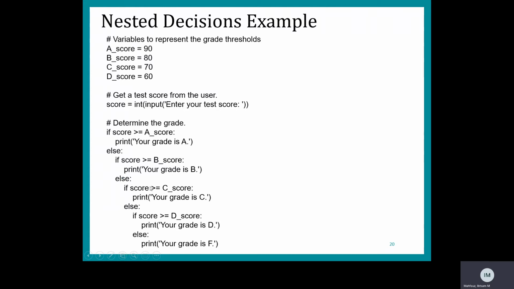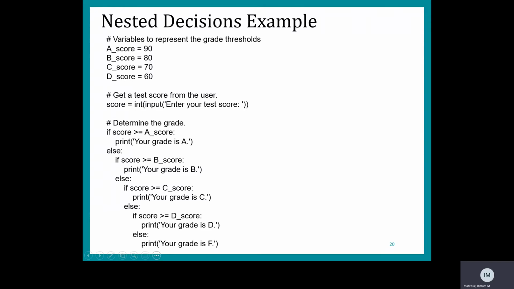Otherwise, I'm going to do another check and see if it's greater than 70. If it's greater than 70, it's a C. Otherwise, I need to go and check if it's greater than 60. If it's greater than 60, I'm going to say it's a D. Otherwise, it's an F. And so you see how here, the indentations are just starting. It's really hard to do that.